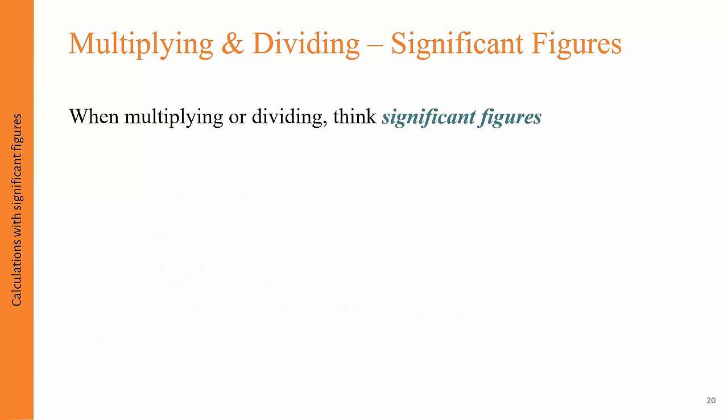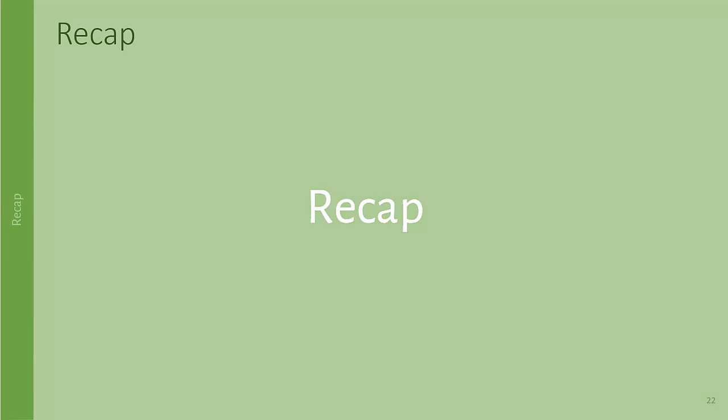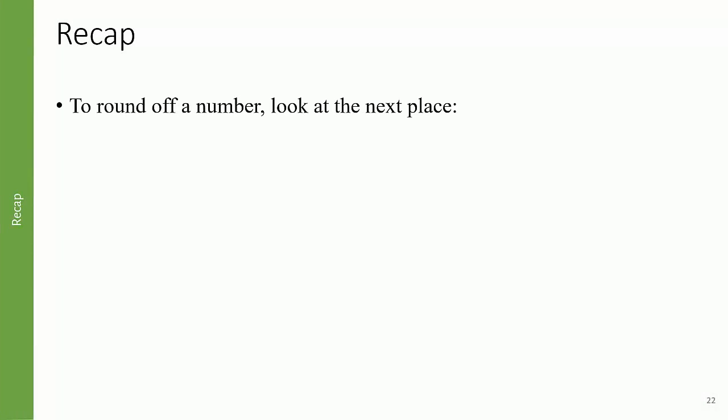When multiplying or dividing, think significant figures. The answer has the same number of significant figures as the least precise number. To round off a number, we look at the next decimal place, and if it is 5 or more, we'll round up, otherwise we'll round down.